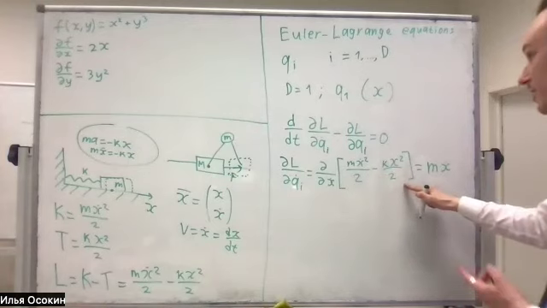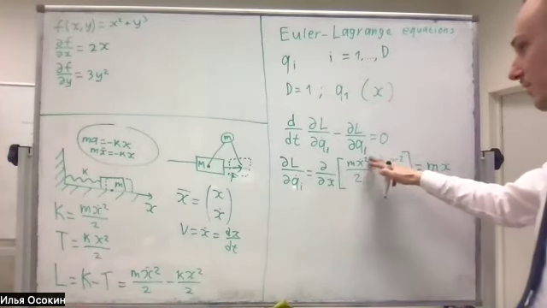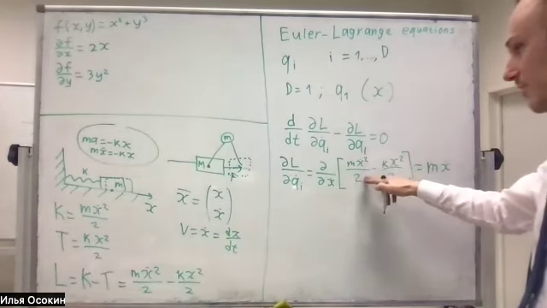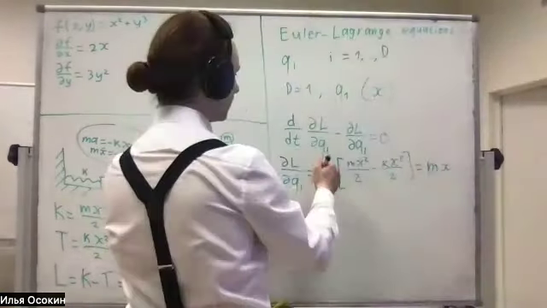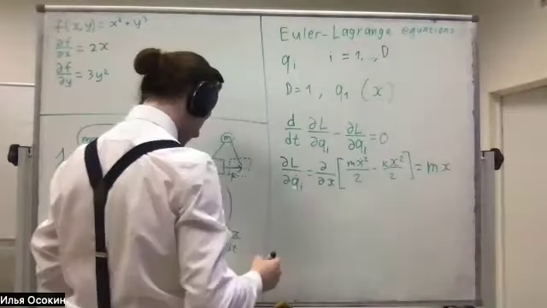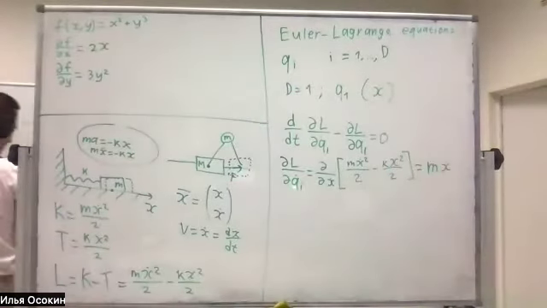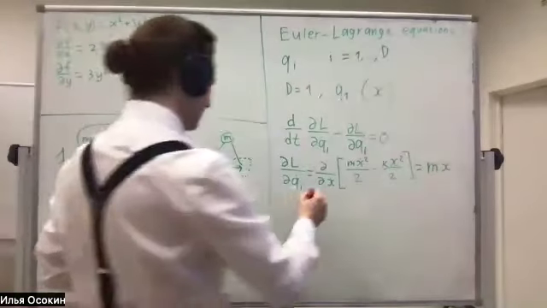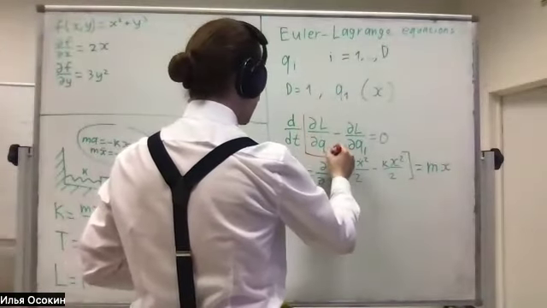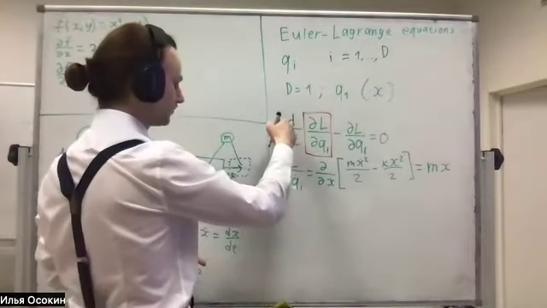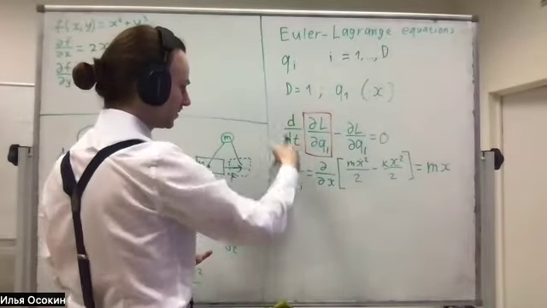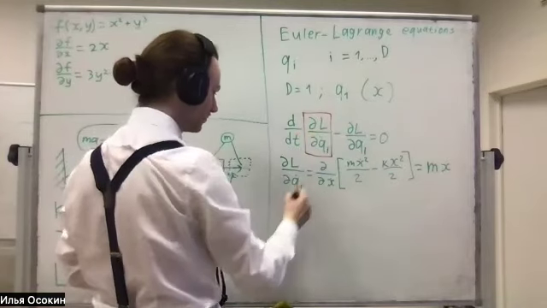The second term doesn't depend on x dot. And here we have 2 that is canceling with the denominator. So yeah, exactly like this. We have calculated this thing. I'm going to take another marker. I have multiple. Okay, so we've got this one. And now let us cover the differential by time of this thing.